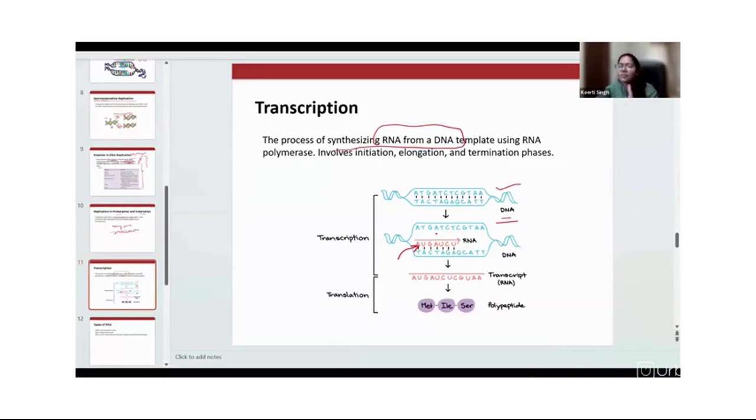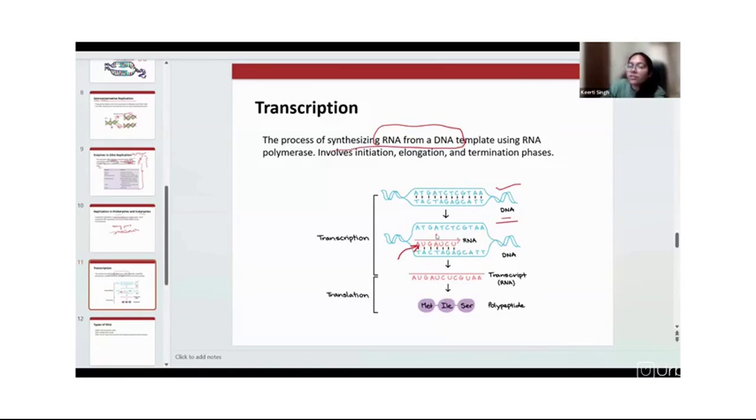So in every process, like in replication, in transcription, in translation, we have a different set of enzymes. The set of enzymes working in replication will be different from the set working in the transcription process. For each particular step, we will have a particular enzyme to carry out that process.